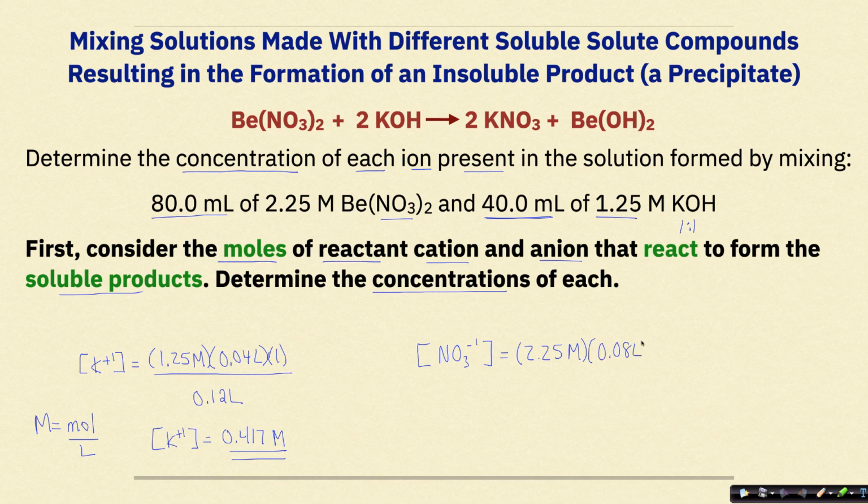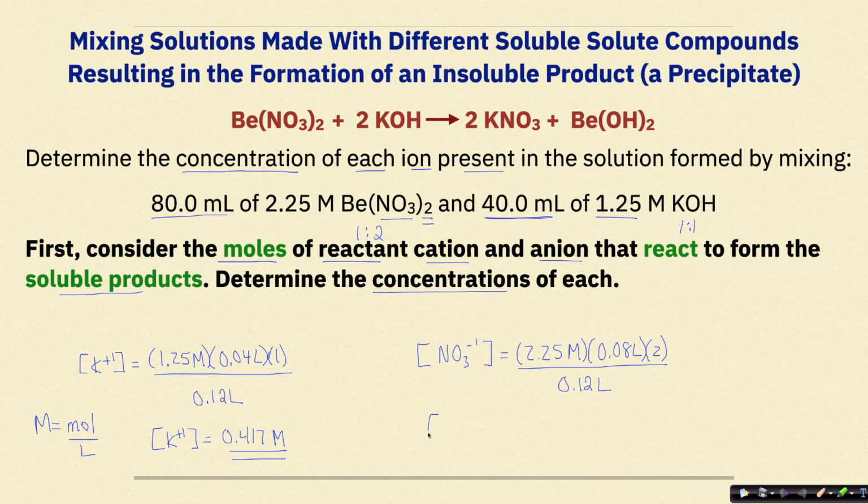0.08 liters. And now the important thing here is that I have to multiply this whole top by 2 because the ratio of Be to NO3 ions in this compound is 1 to 2. Then I'm going to multiply the whole thing by 2, and then I'm going to divide it by the total volume of 0.12 liters.